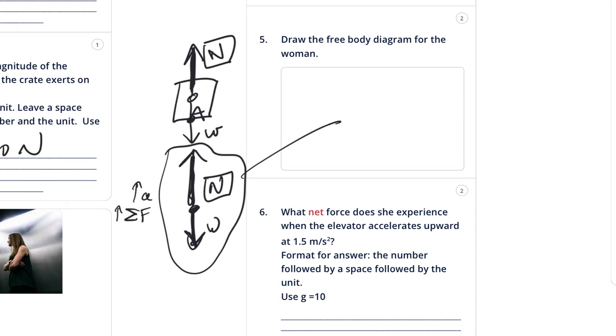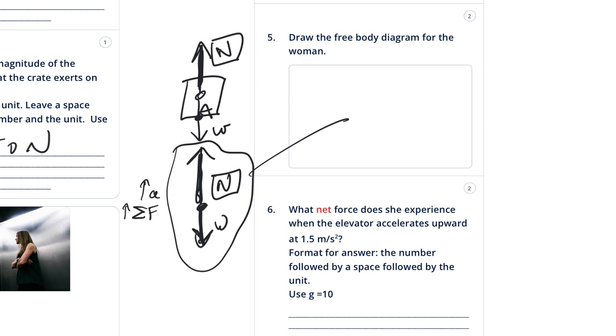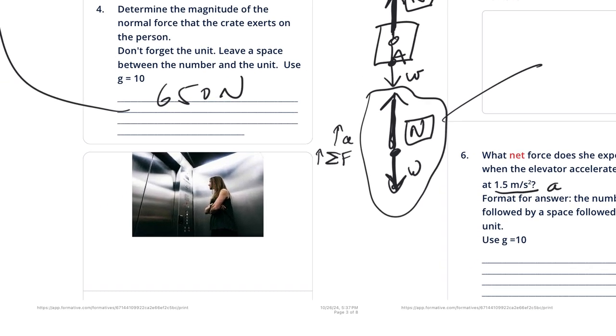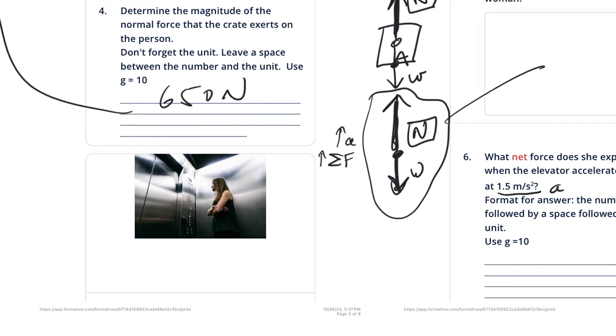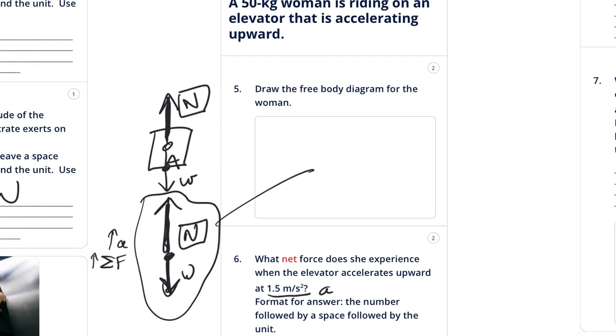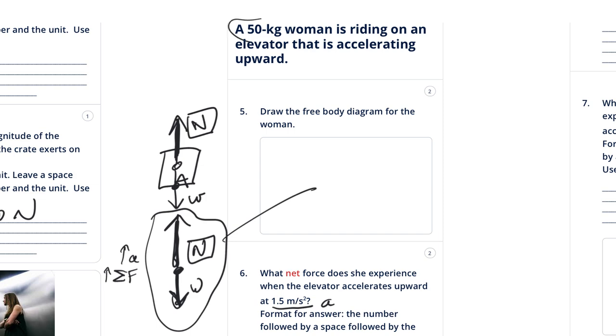What net force does she experience when the elevator accelerates upward at 1.5? That's the acceleration. Do I have the mass of the woman? No. Oh yeah, right up here I do.